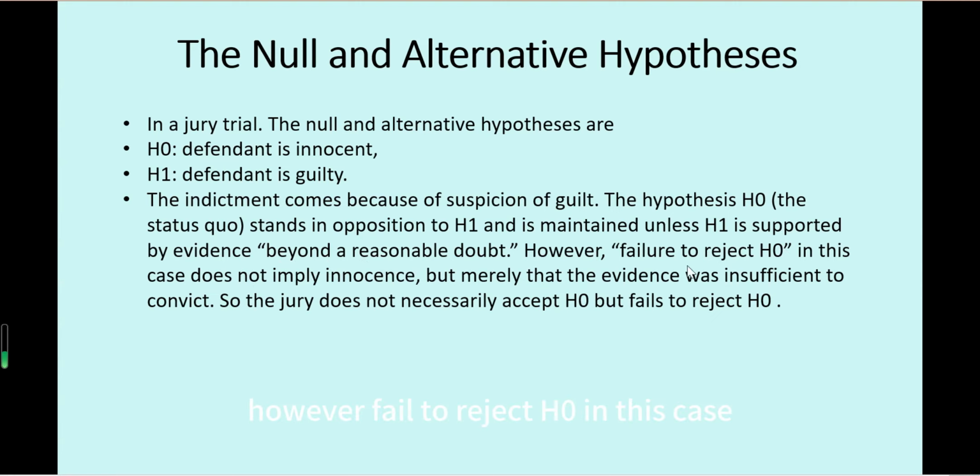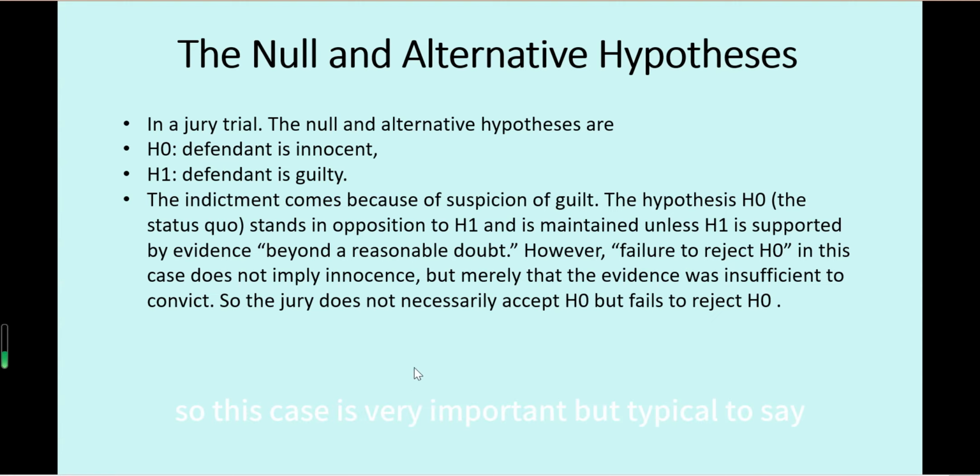However, failing to reject H0 in this case does not imply innocence but merely that the evidence was insufficient to convict. So the jury does not necessarily accept H0 but fails to reject H0.